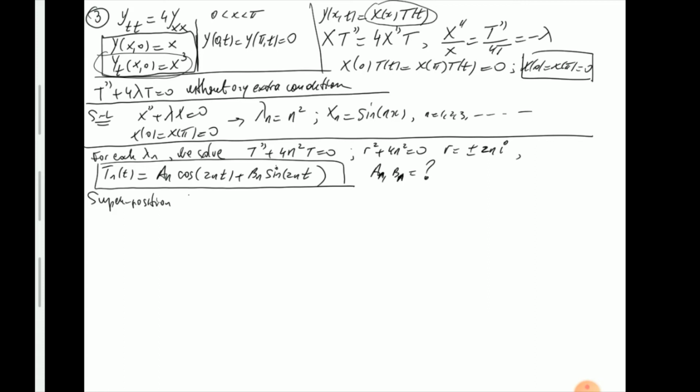So superposition, that means y of x,t will be in the form of the summation from 1 to infinity of Tn of t, let's start with that. So let's put that in a big parenthesis, an cosine of 2nt plus bn sine of 2nt, times sine of nx.